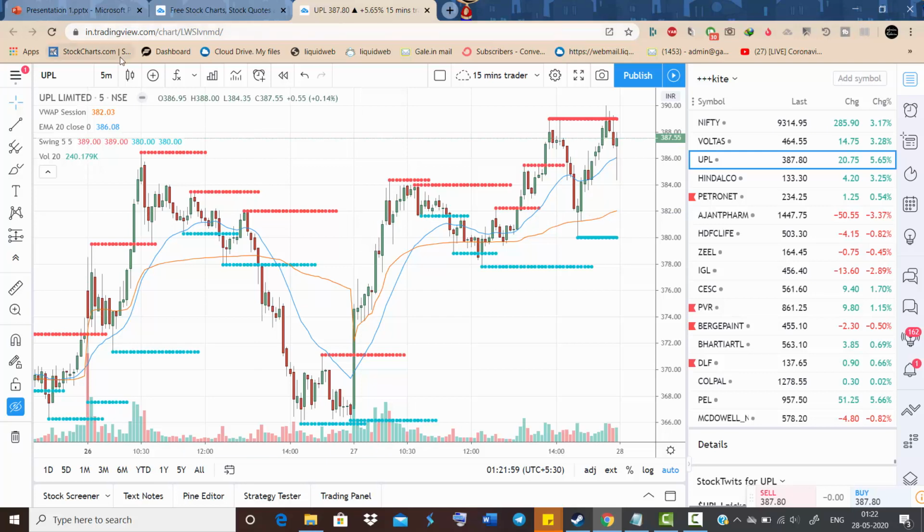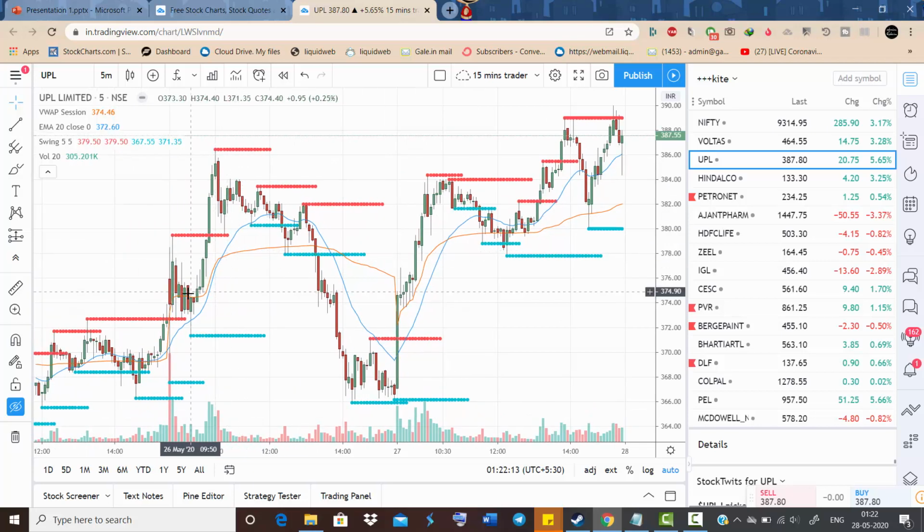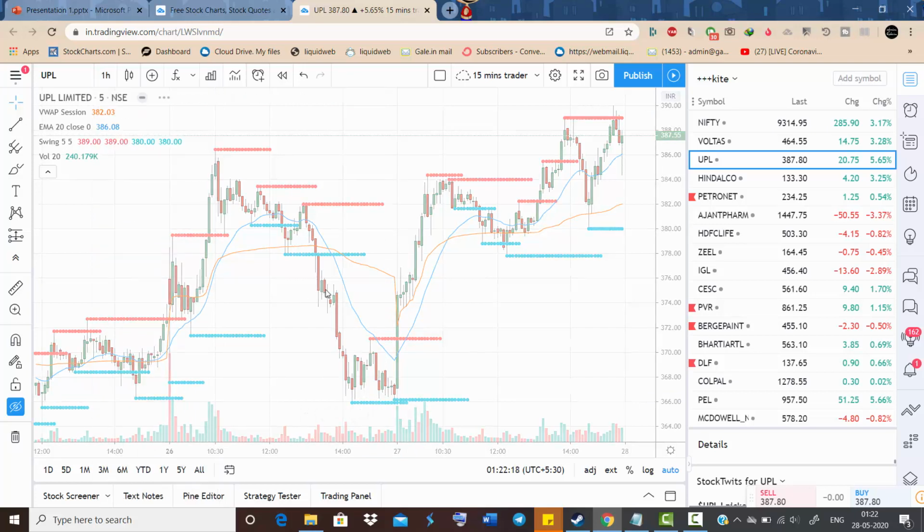You have to use either a 5 minute or a 15-minute candle. You just let the 5 minute candle complete. Here you can see UPL on a swing chart. It has just come down. I'll show you a 1 hour chart.